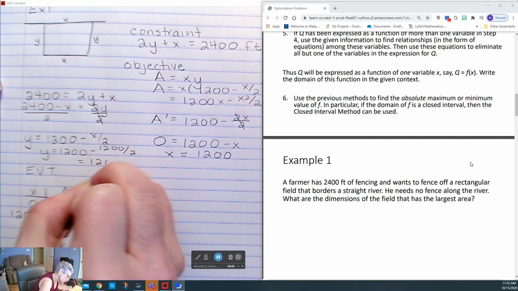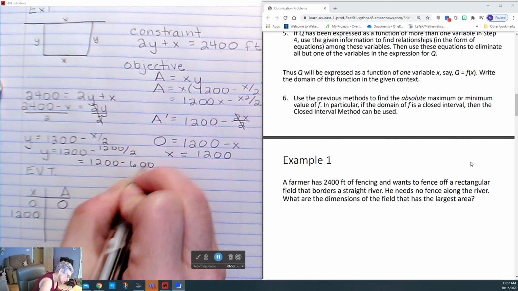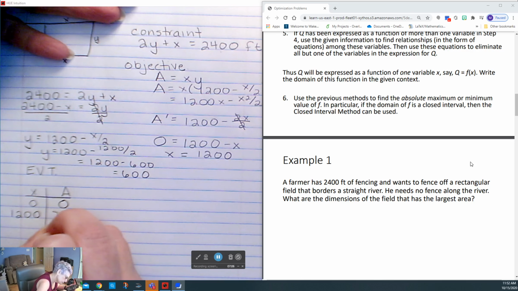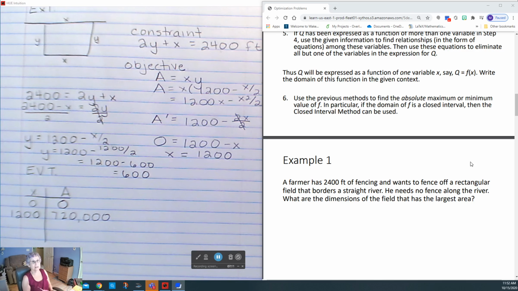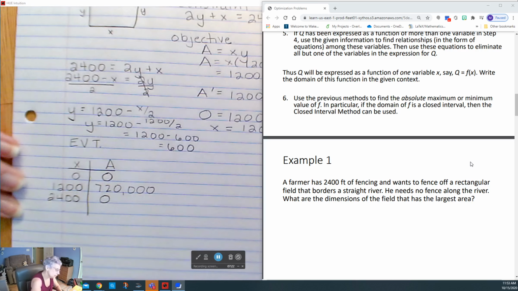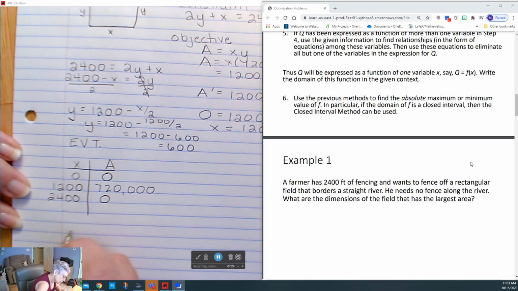So 1200 minus 600, so my area would be equal to 1200 times 600, wow, 720,000. Or I could use all my fencing for x, which would be stupid, but I could do it. Then y would be equal to 0, so the area would be equal to 0. So this is definitely a max.